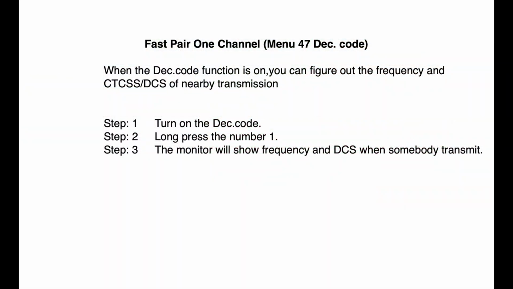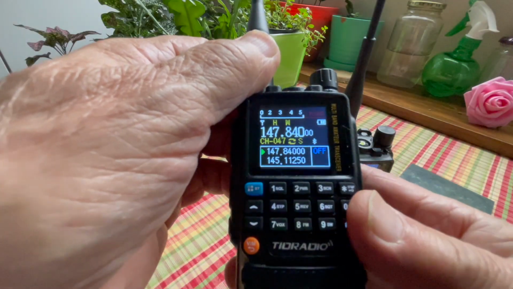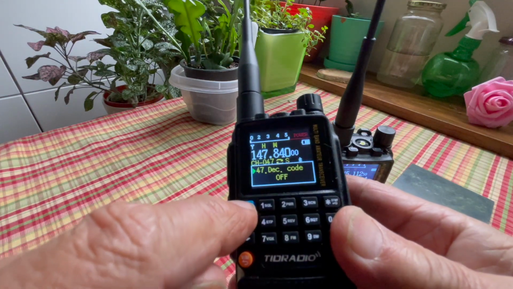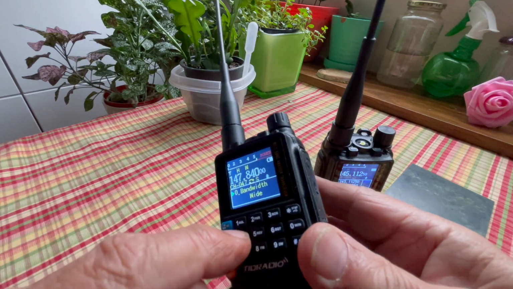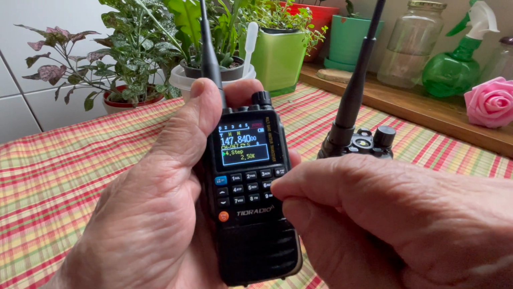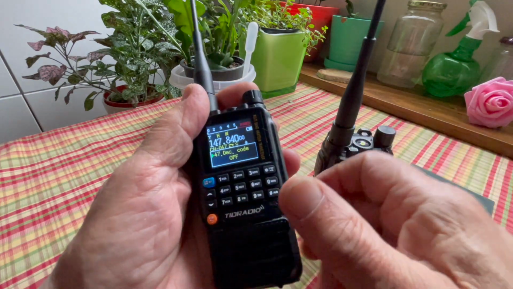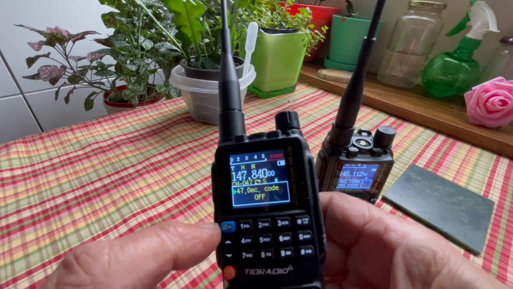If you want to determine the frequency and the code a transmission is used, this is the way it's done. Okay, first thing we have to set, we'll go to menu, and then go for 0, 4, 7. There we go. It has to be on.